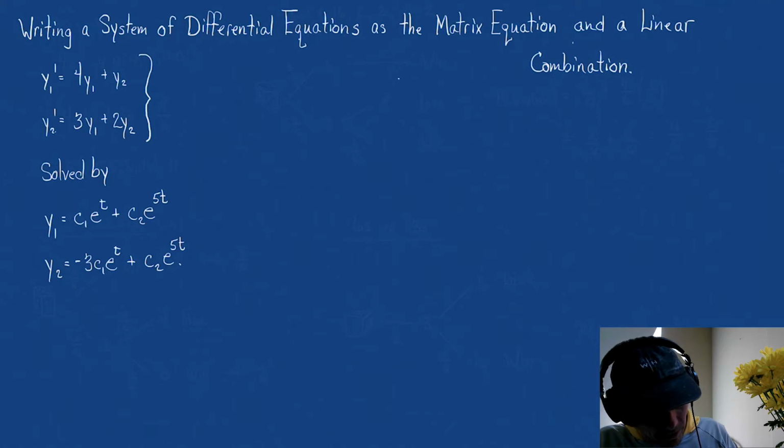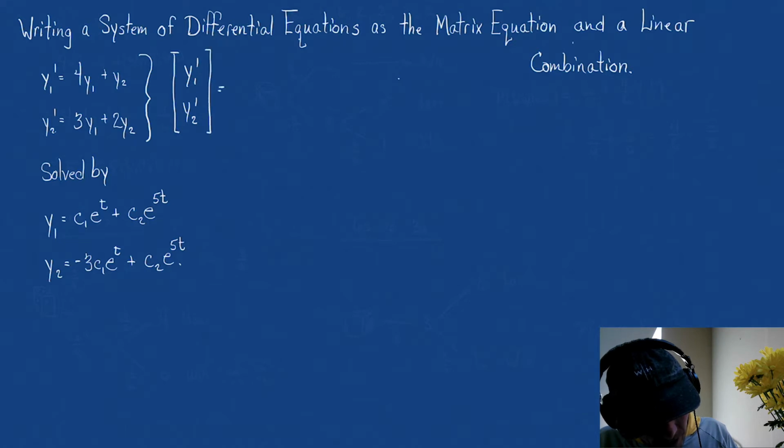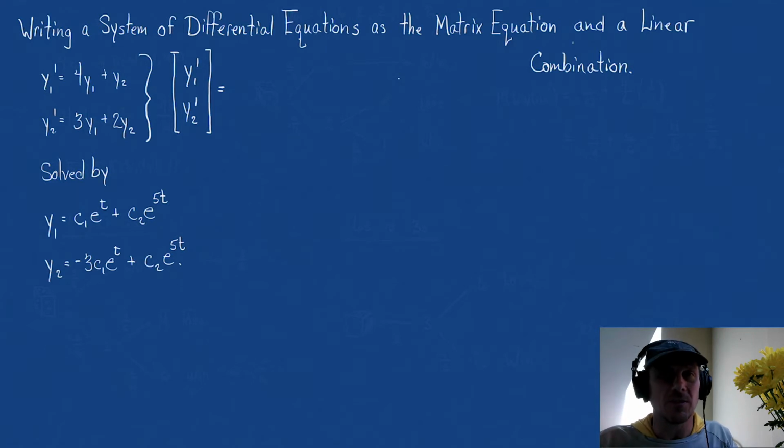So let's write this. On the left-hand side, we're going to write a vector, y1 prime, y2 prime. And this equals, now notice that my coefficients, or what you could think of as your weights, are on the y1 and y2. For example, we have 4 y1s plus 1 y2 in the first equation.